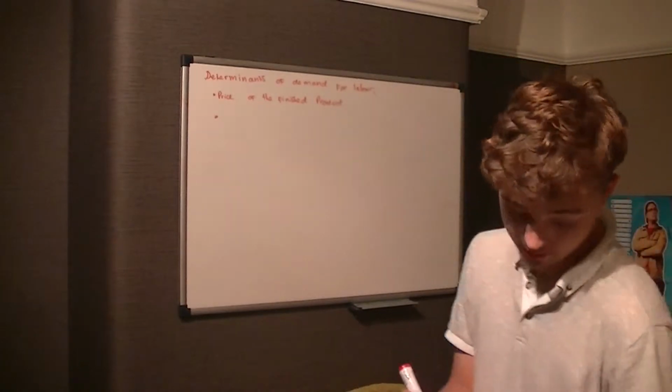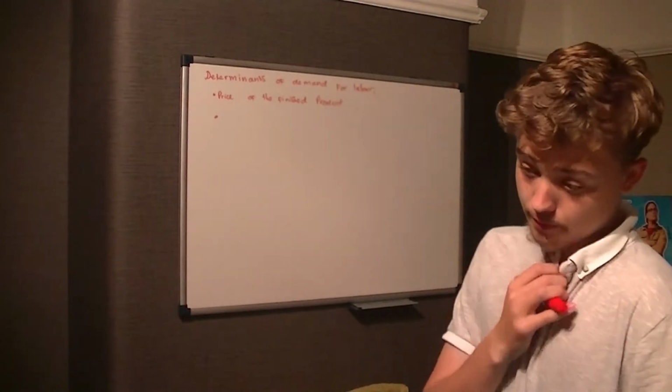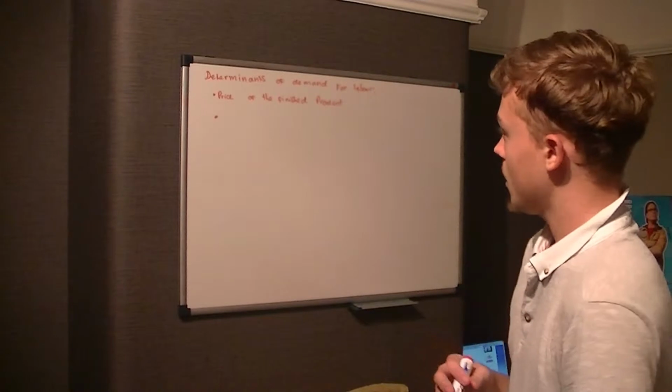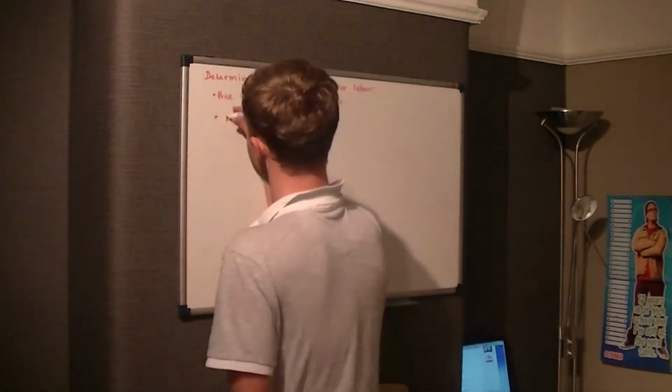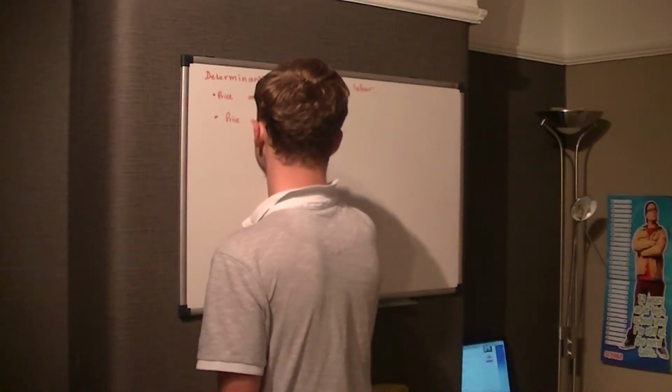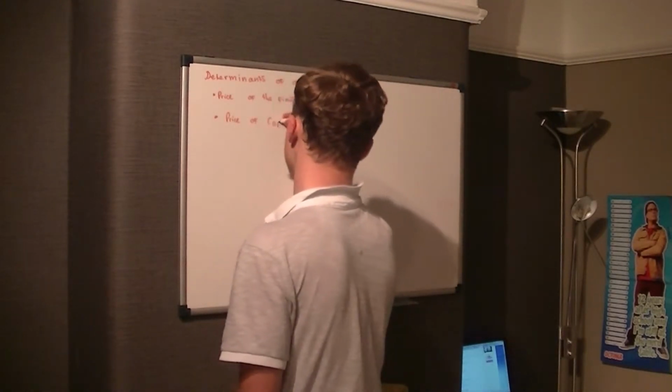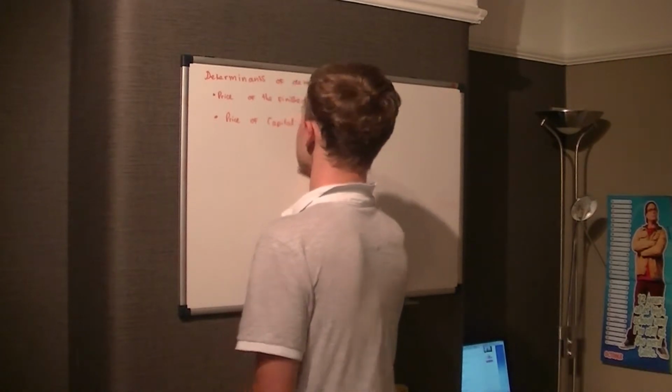Another one could be, some firms use more capital than labour, so it depends on the price of capital or labour. So the price of capital, because as we know, firms want to maximise profit.